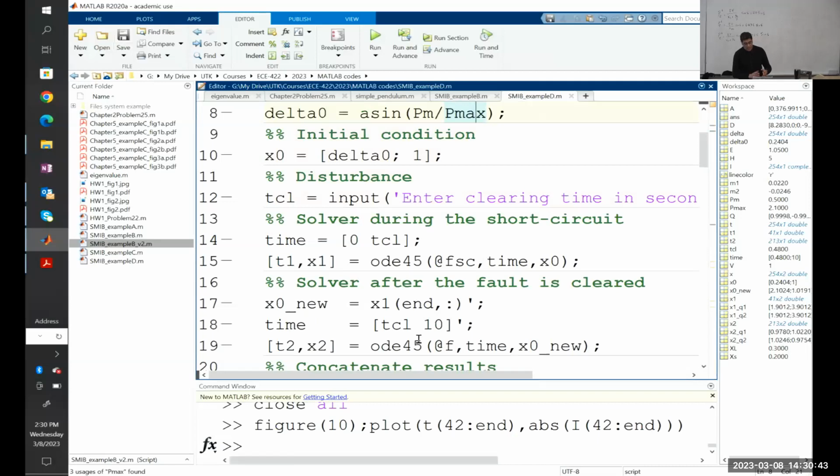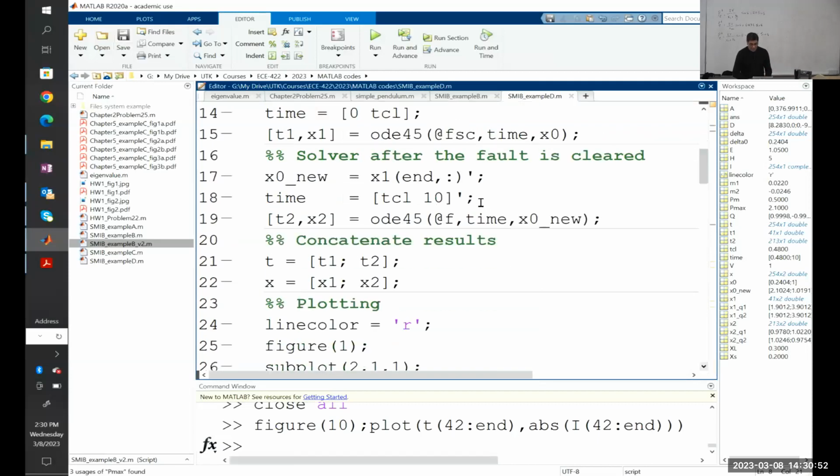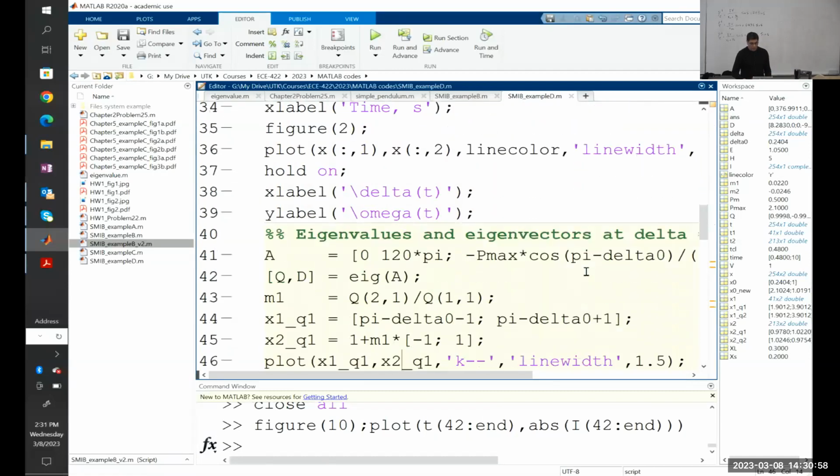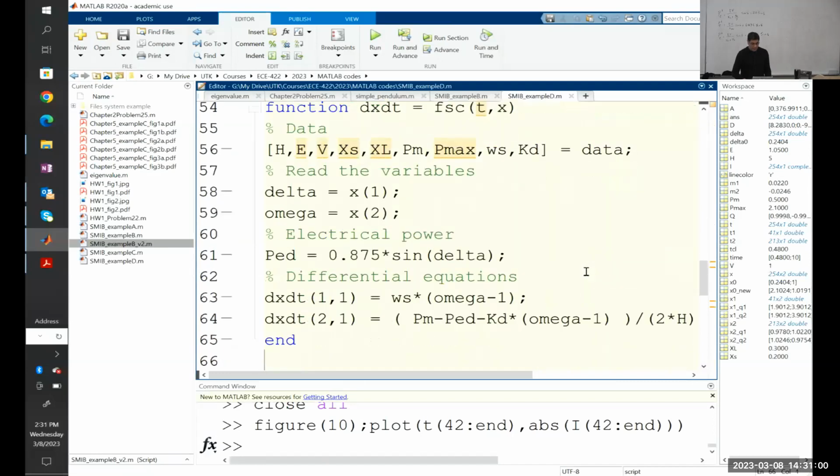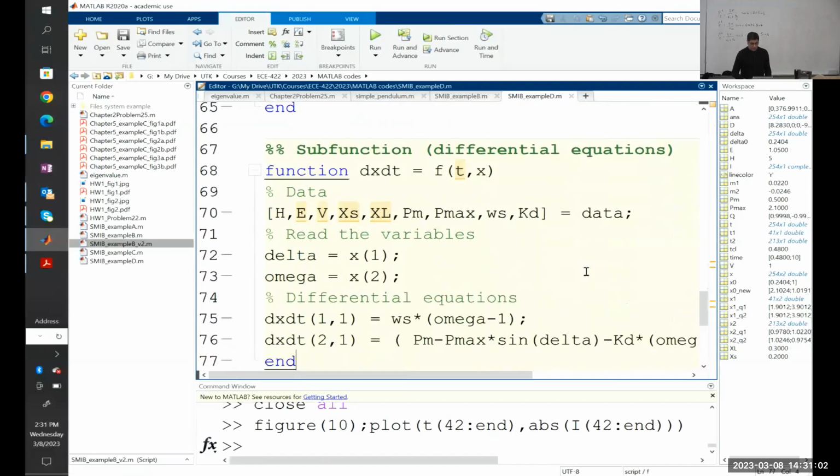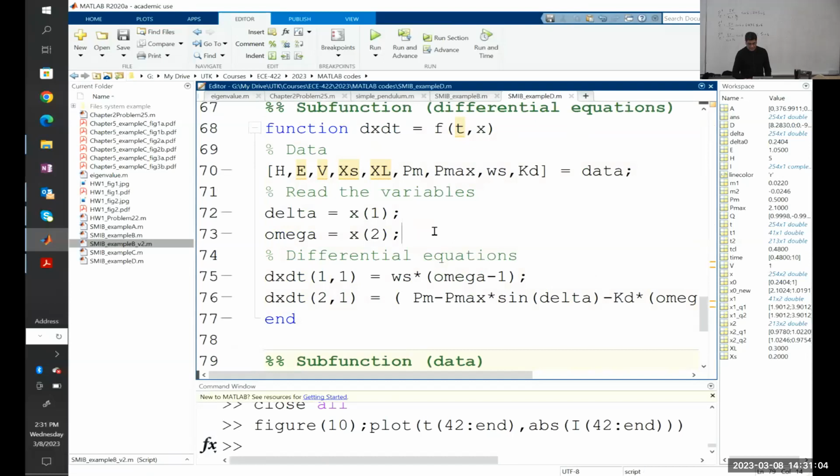We define the new time. We're simulating for 10 seconds. And we invoke again the set of equations after the fault. Now, f needs to have the new electrical power because we have removed one of the circuits in the transmission line, which is this function.